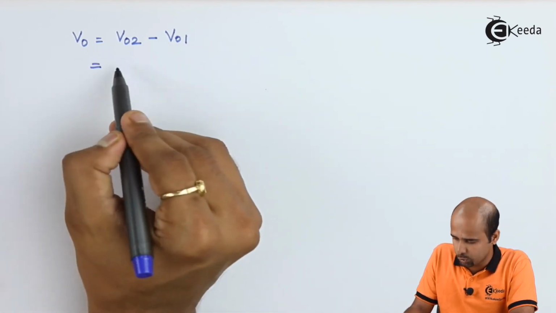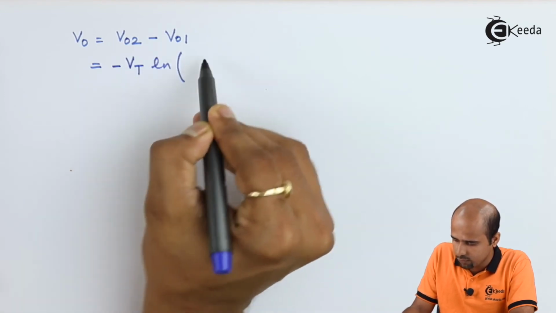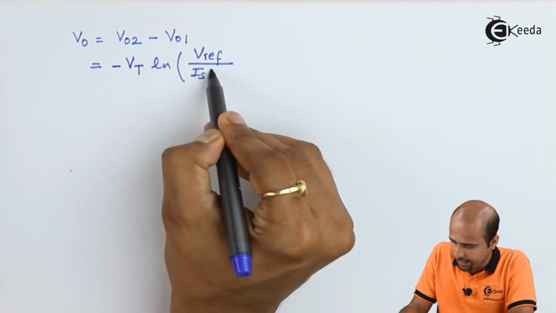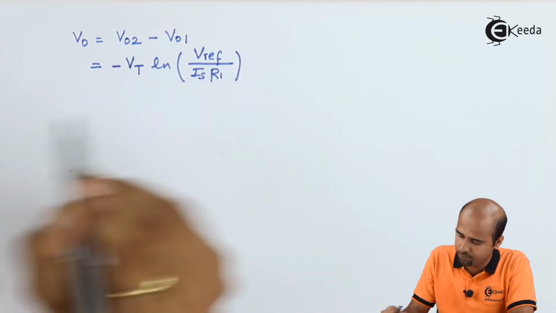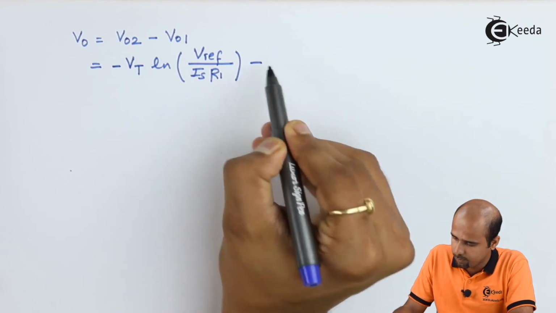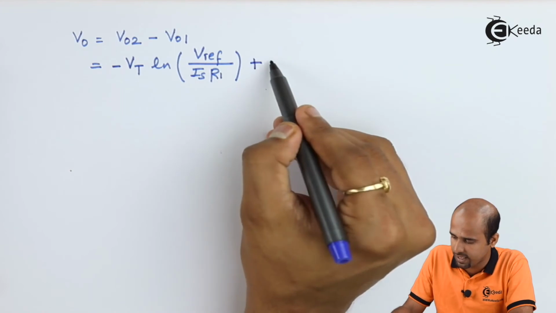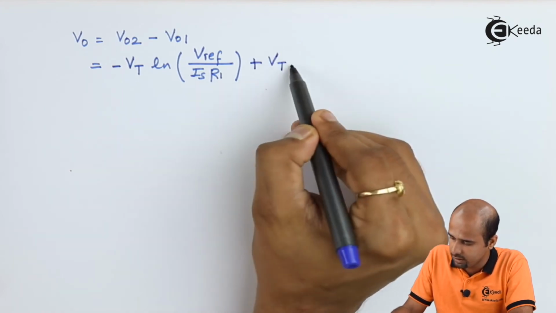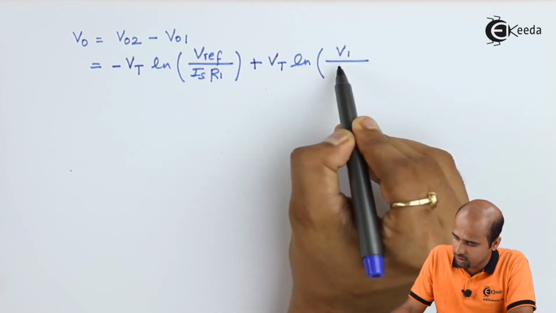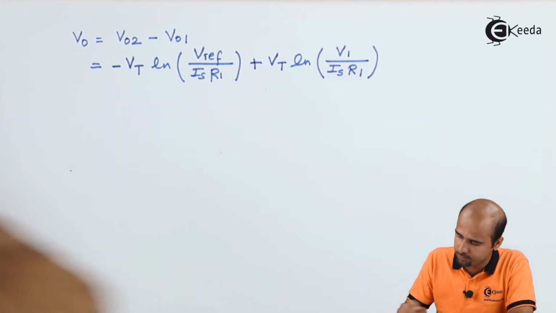What is VO2? VO2 is nothing but minus of VT ln of VREF divided by Is into R1. What is VO1? VO1 is minus of VT, so minus minus will become plus, plus of VT ln of V1 divided by Is into R1.